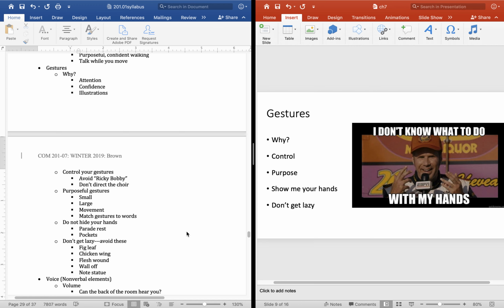But you should definitely want to be in control. I'm not asking you to direct the choir and gesture all the time, but do have a purpose for your gestures. If something is small, show us that it's small. If something's large, show us that it's large. If something is almost there, you can do that. If you want to show us movement, you can say that something started here. I call it rolling the ball.